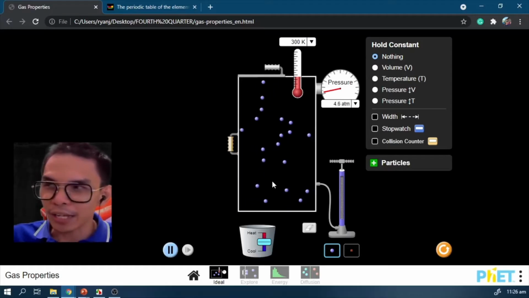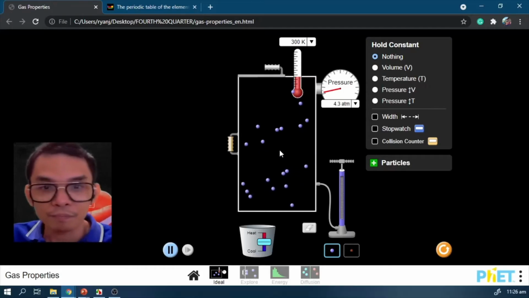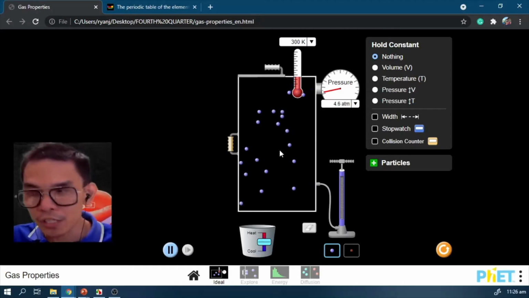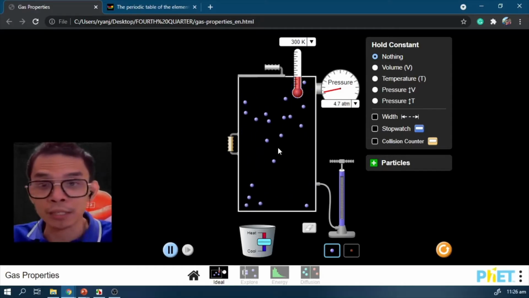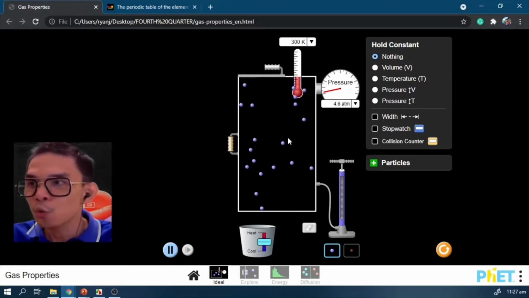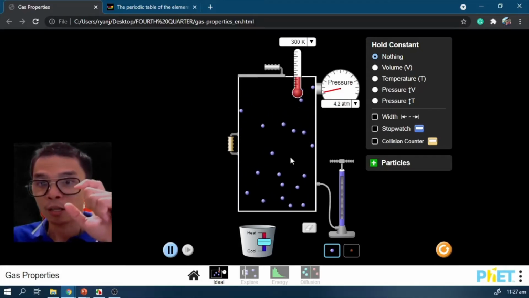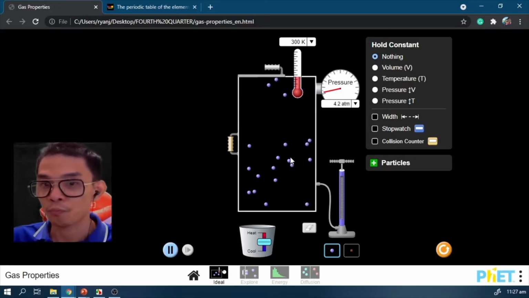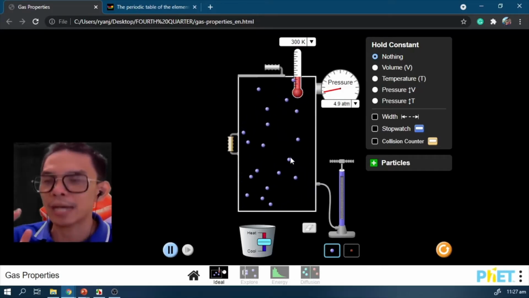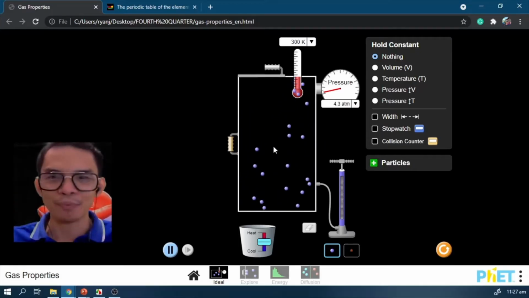We can now say that the gas molecules here have a volume, because the molecules are subjected to high pressure. So we can safely say that the volume here is very, very small, but it is non-zero. That is the most important thing. Although it is very small, it is non-zero. So we can now have a volume here at high pressure.